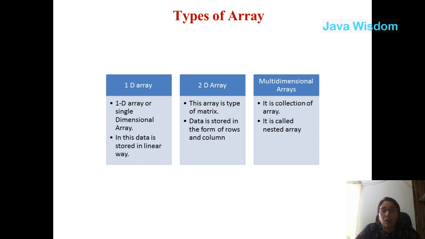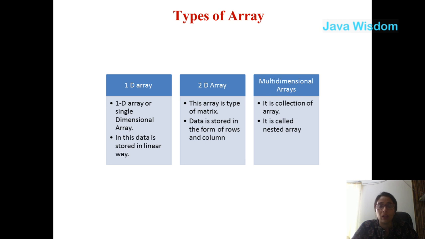You can compare this one-dimensional array with your book page numbers, because book page numbers start with 1, 2, 3, and sequentially it goes, in a linear manner. It does not have two-way dimensions. A single dimension it has. This is an example of a one-dimensional array.